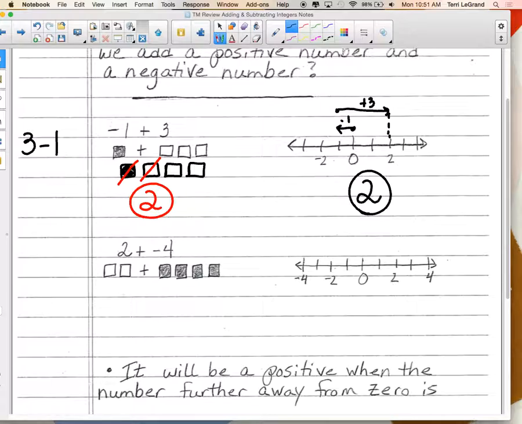Well, how can 3 minus 1 be rewritten as an addition problem? Sam? 3 plus negative 1. Oh, does anybody remember there's this property in mathematics that says these two can trade places?